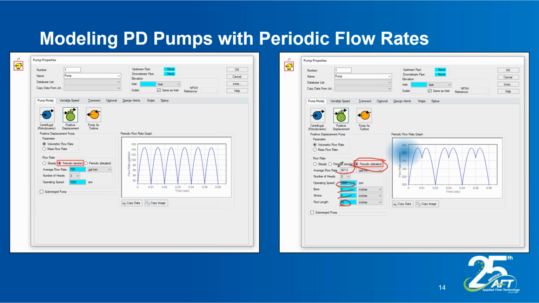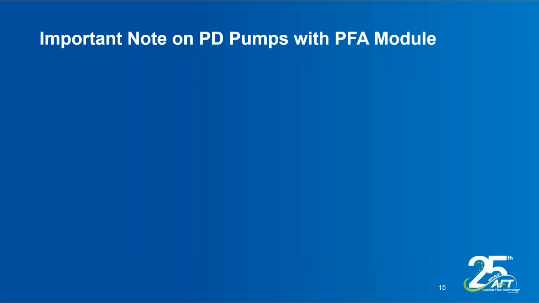That will calculate what your average flow rate is based upon the number of heads, and then that will give you this flow characteristic right here. So that allows you to be a little bit more complex for your PD pumps. So just another method. Those are 2 different ways that you can model PD pumps in AFT Impulse.